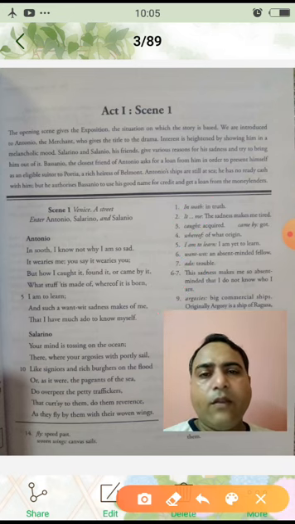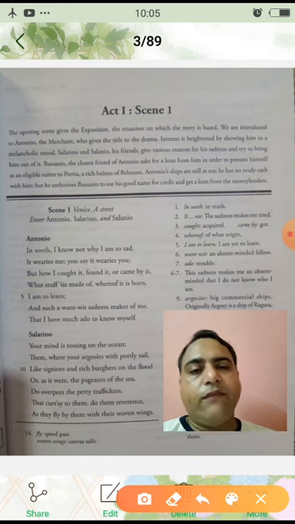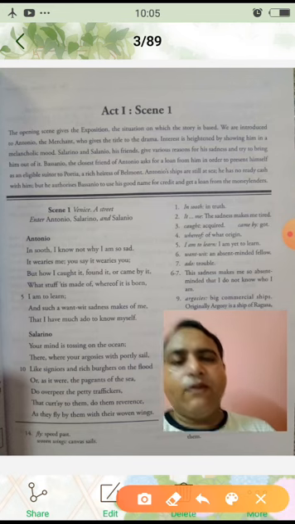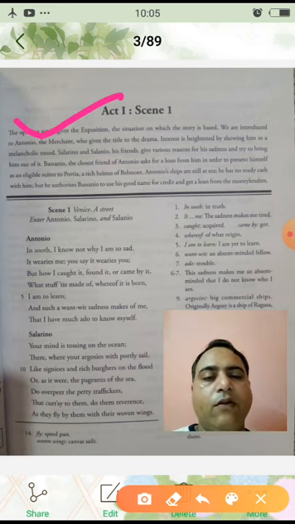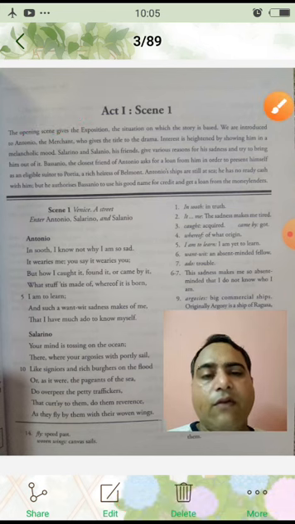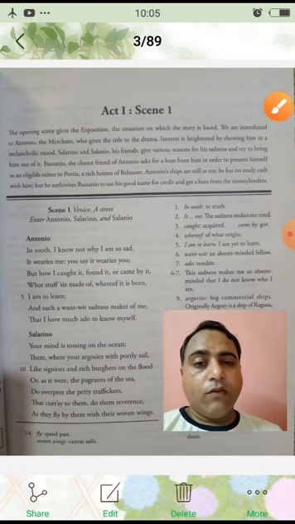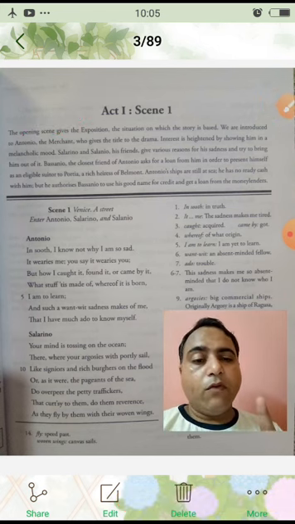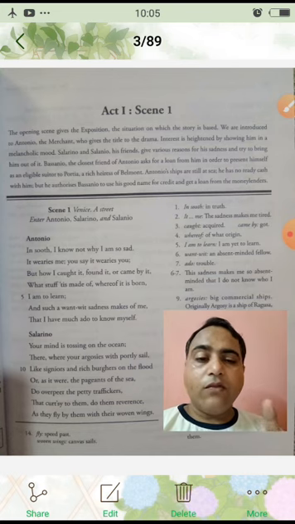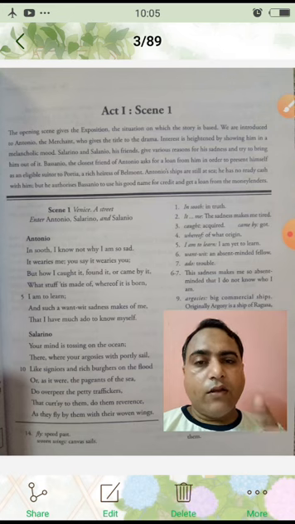Now we shall start the explanation. At first, the brief that is given. Brief means this part. Now here, what is given? Take the book with you and have a pencil with you. Keep on underlining the difficult words, and you can also go through the dictionary for the meanings of the difficult words.